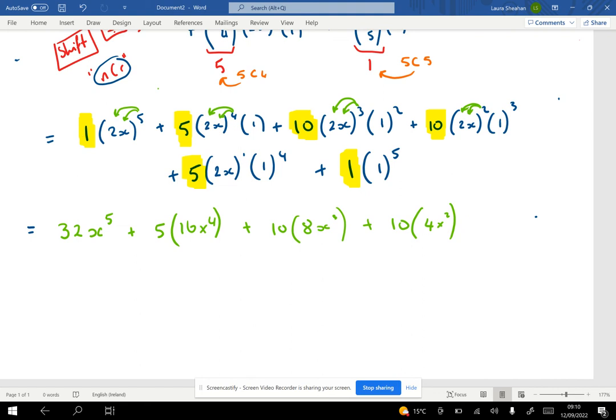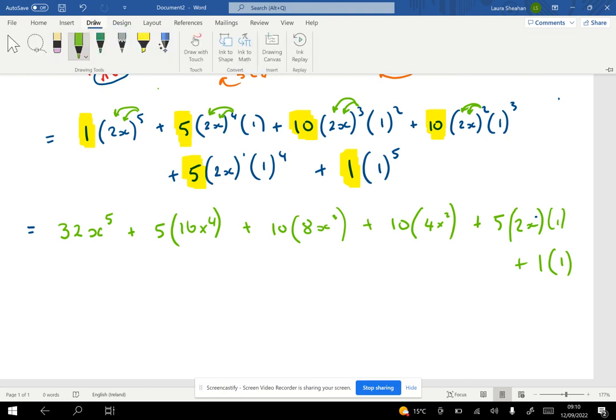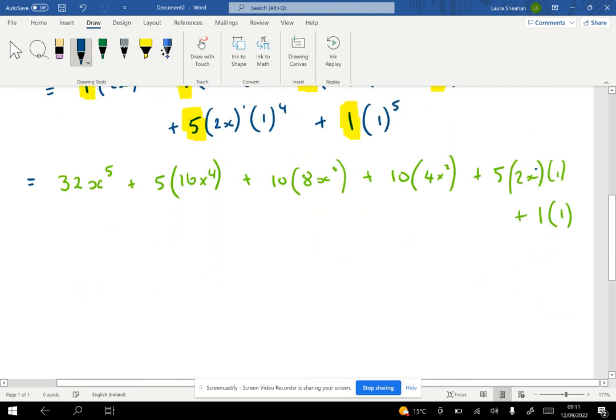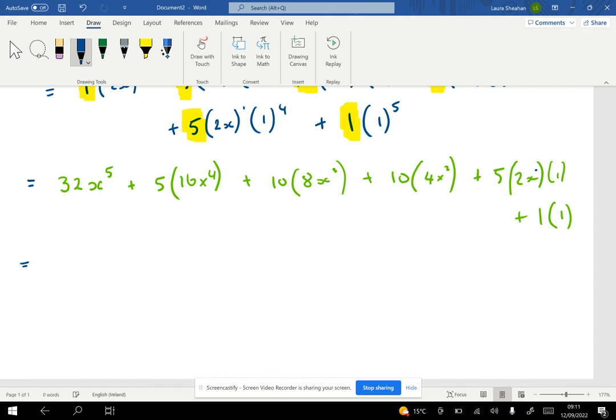Then you've got 5 times just 2x, and again 1 to the power of 4 is just 1. And the last one, 1 to the power of 5, is just 1. So that's solving my indices in that step, and then the last step is just the multiplication to get the final answer. So 32x to the power of 5 stays as it is.